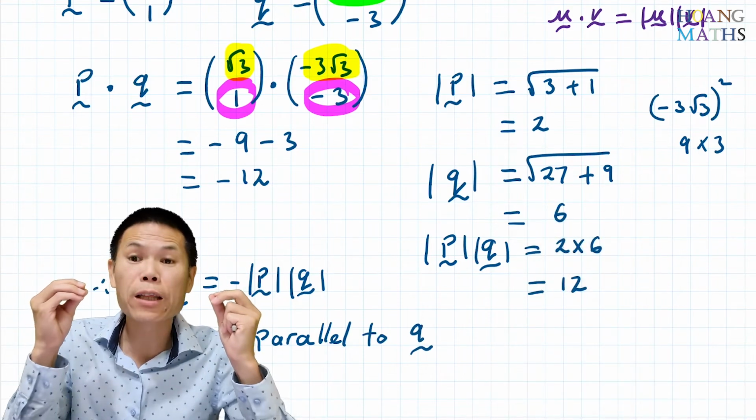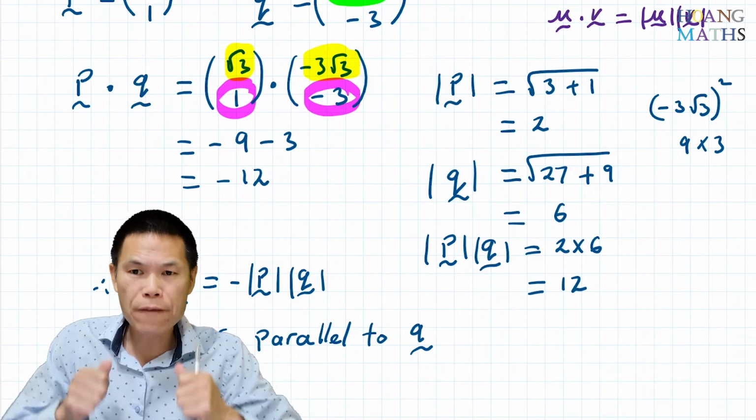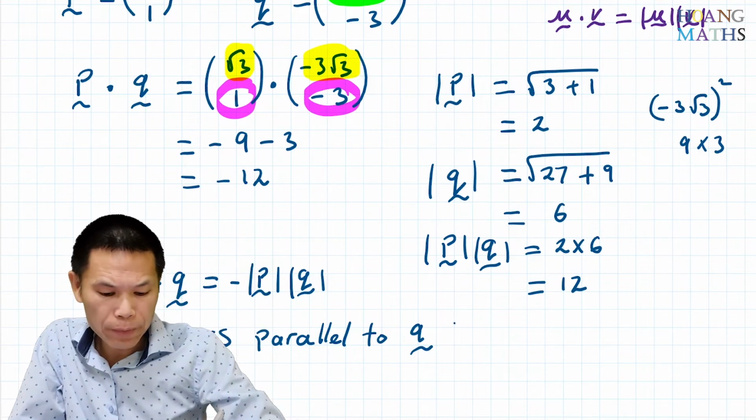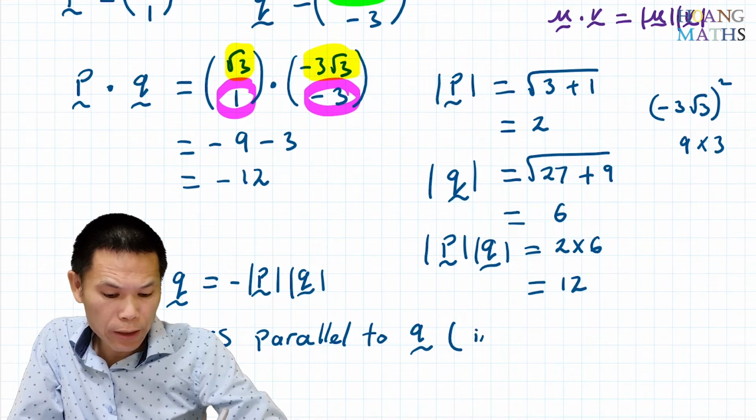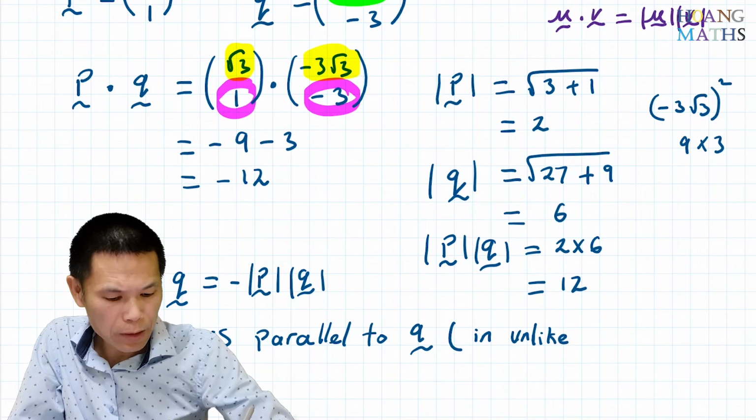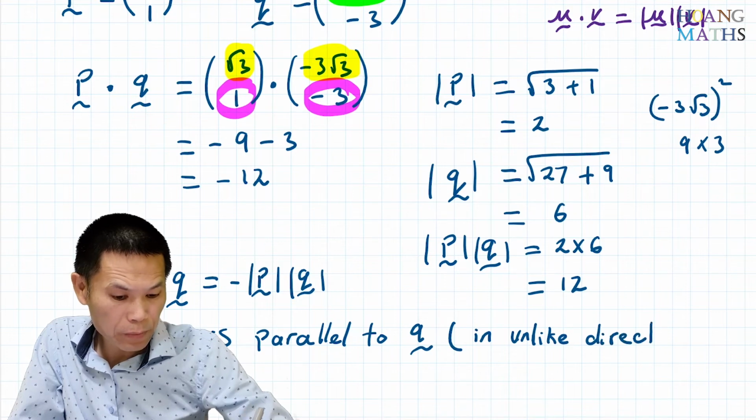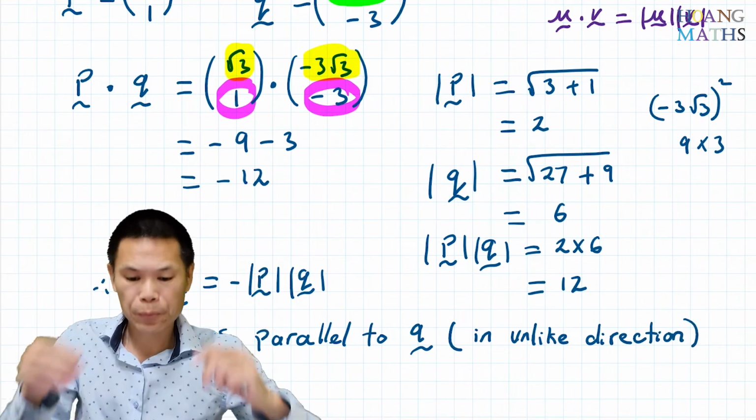Therefore, vector P is parallel to vector Q. And in fact, they are opposite directions, or unlike direction. So there you go.